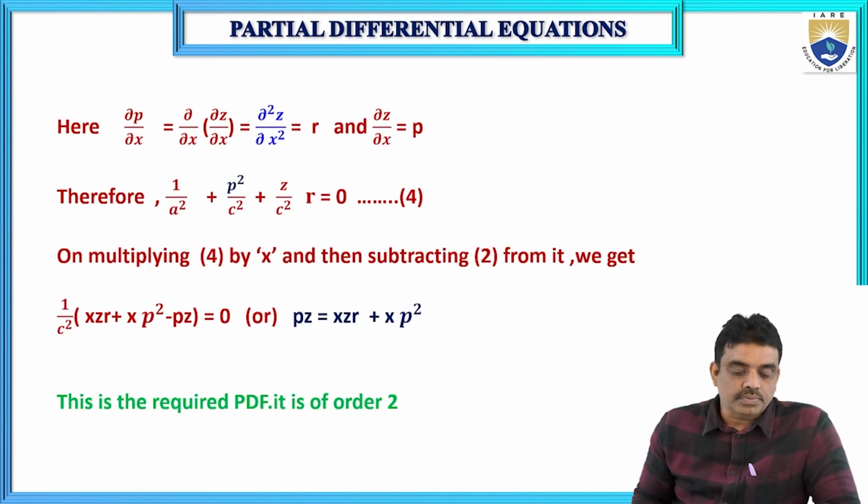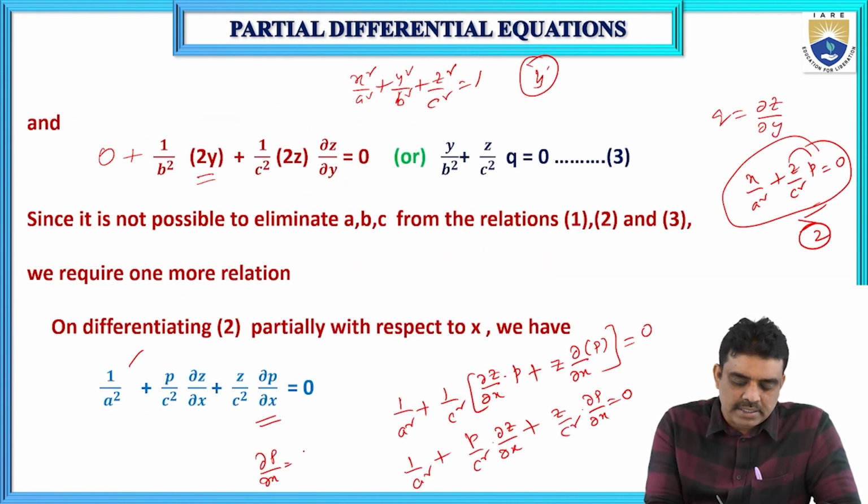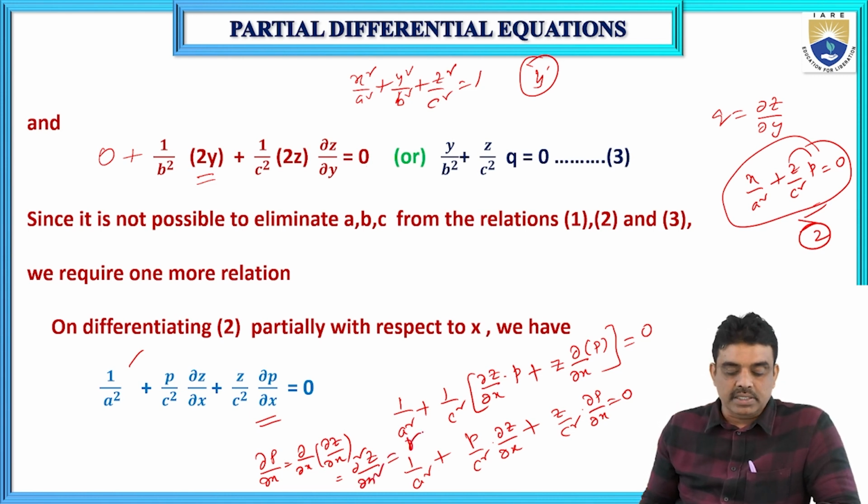Now, what is dou p by dou x? Dou by dou x of dou z by dou x, that is dou square z by dou x square. That means the value is equal to r.